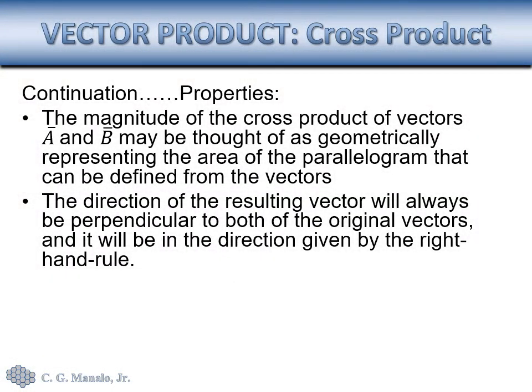Also, the magnitude of the cross product of two vectors represents the area of the parallelogram that results when you draw the two vectors, and the direction will always be perpendicular to both of the original vectors, and will always follow the right hand rule.